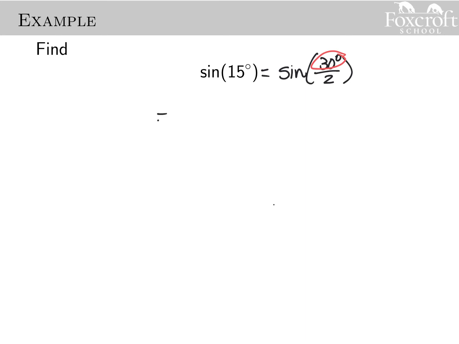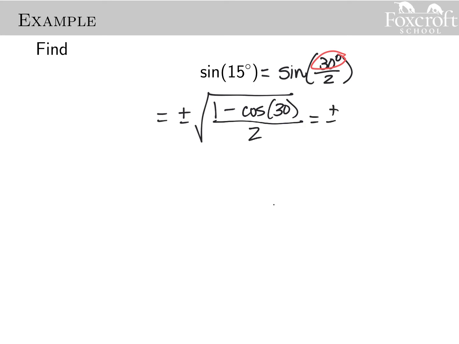Then we can say this is plus or minus the square root of 1 minus cosine of 30 over 2. And the reason we do this is because cosine of 30 is on that unit circle picture we have. We know that that is the square root of 3 over 2.